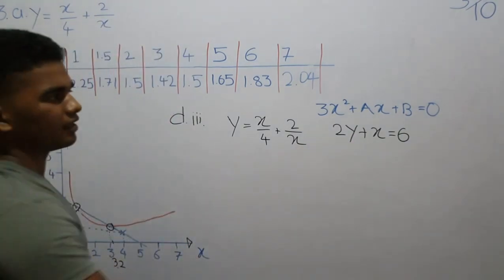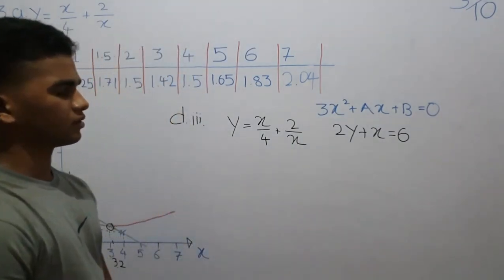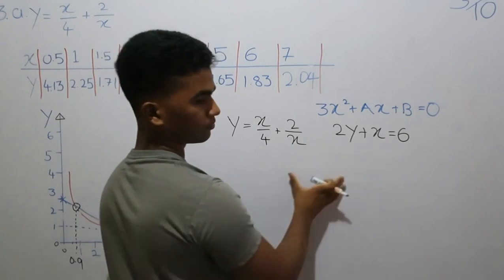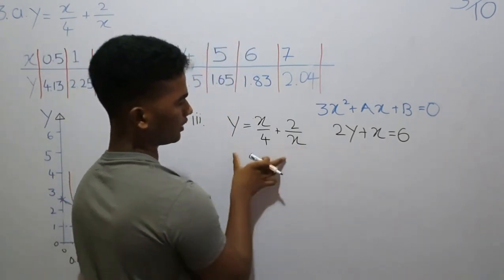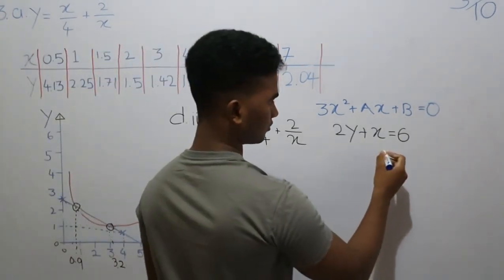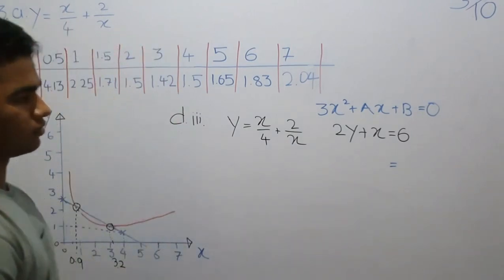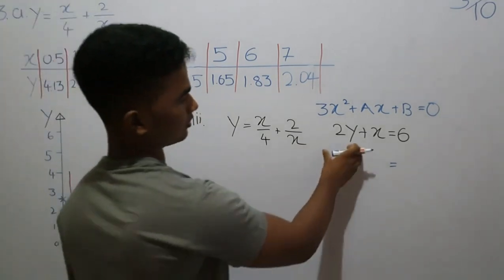Now you can see in this equation there are no y terms. So what is the best method to eliminate y terms? We'll equate both y terms. First we'll substitute. Make y the subject.